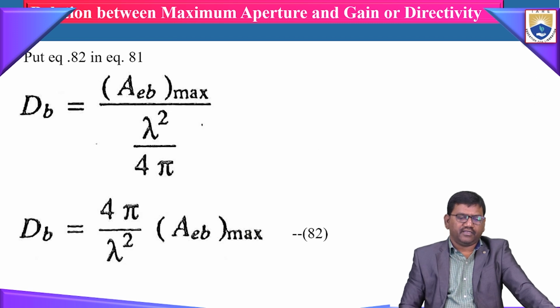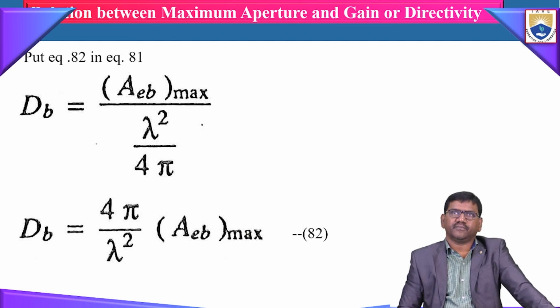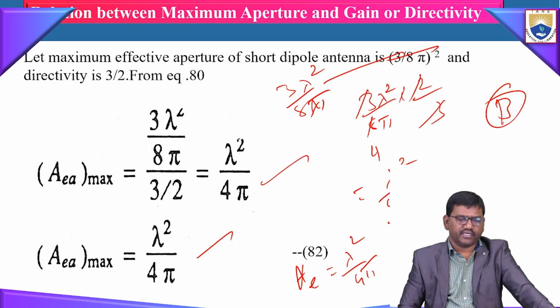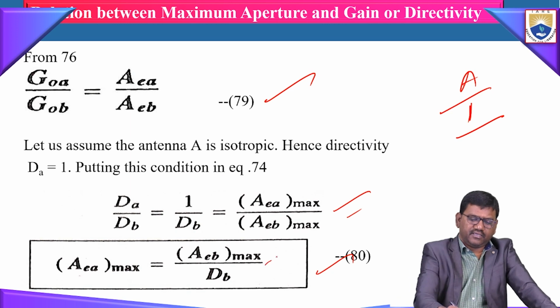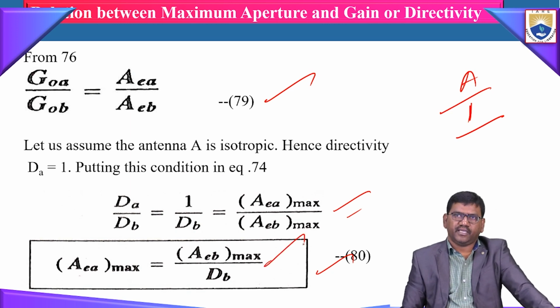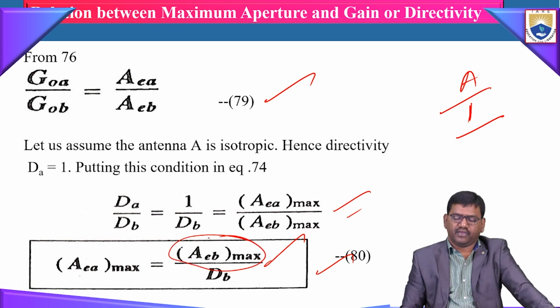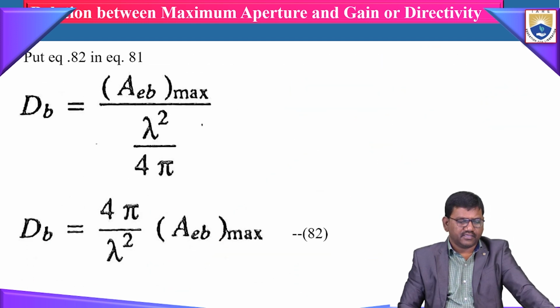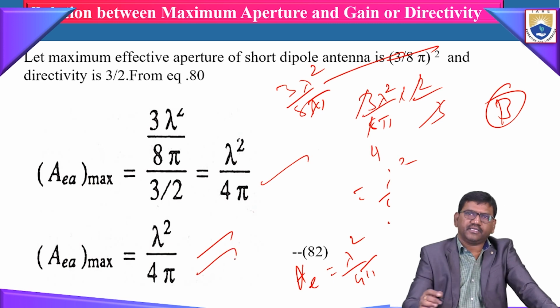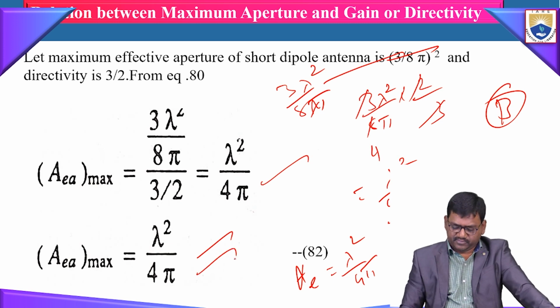So again we have a relationship between the directivity and the effective aperture. DB is equal to AEB max by AEA max, so we can have AEA max equal to AEB max by DB, and just now we got the value of AEA max as lambda square by 4 pi. Now let us substitute this value.